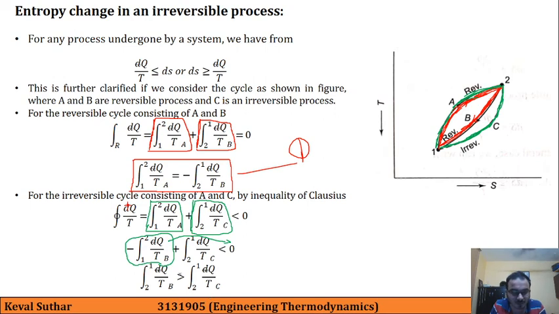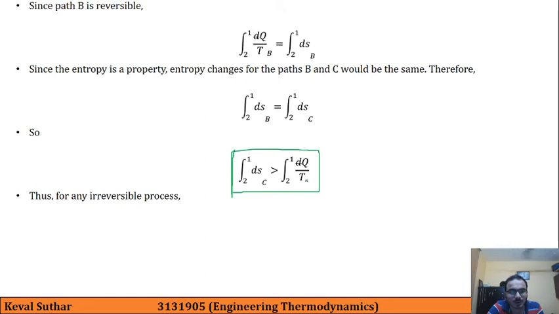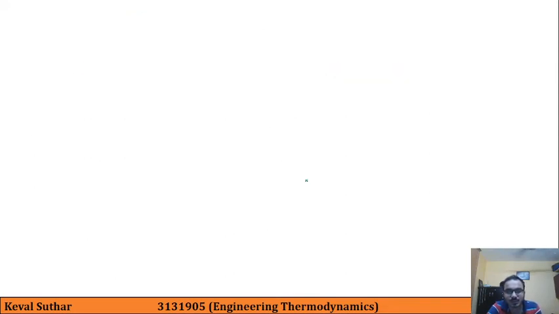You can write this formula in your notebook for your reference, and you can compare it over here, that the dS integration is greater than đQ upon T. For any irreversible process, we can write dS to be greater than đQ upon T, and for a reversible process it will be equal to đQ reversible upon T. So for the general case we can write dS to be greater than or equal to đQ upon T.